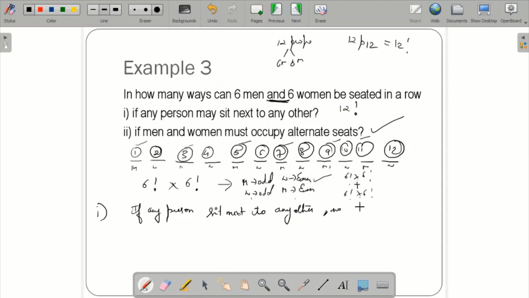Meaning is, next to another means there is no distinction to be made between men and women. I wrote in short M and W, you need to write men and women in your answer.